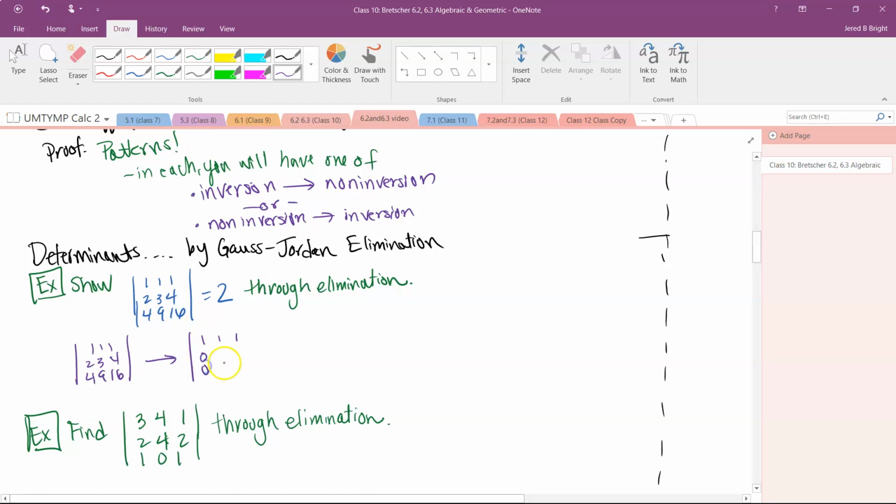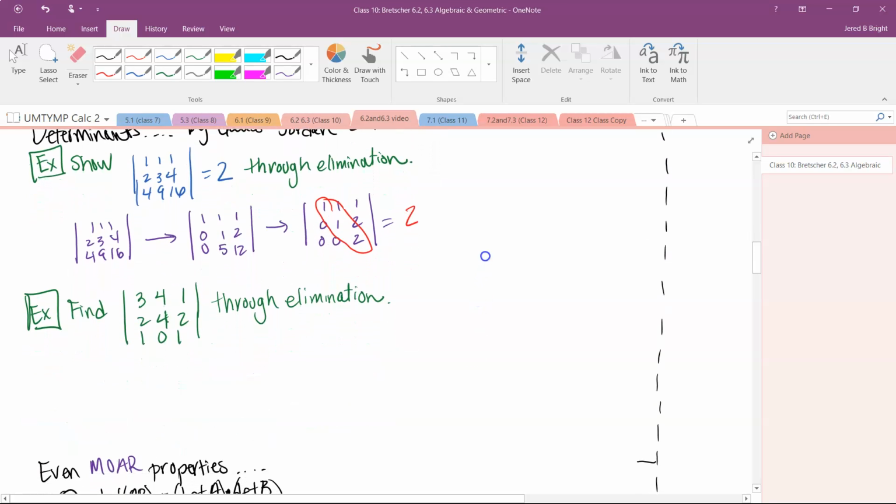When I do that I would end up getting 1, 2, 5, and 12, and then I can continue to eliminate using row operations, 0, 1, 2, and then if I fully reduce it, 0, 0, 2. We know from last week that the determinant of an upper triangular matrix is just the product of its diagonal elements, so that enables me to say the determinant is just 2. If you didn't want to do cofactors, you could do elimination.